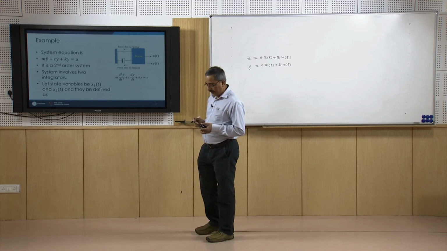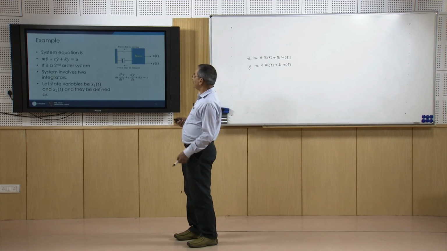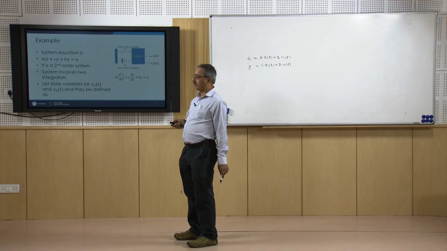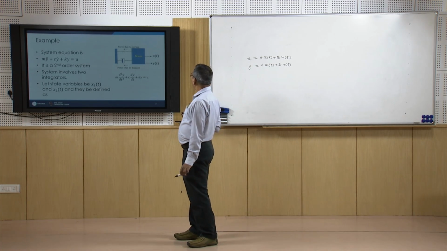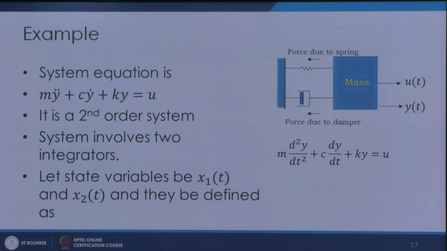We can take an example to illustrate the concept of derivation of the state space equation. I will take again the very well known case of the spring mass damper system. You can in fact take any system.